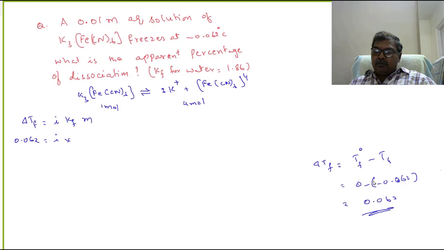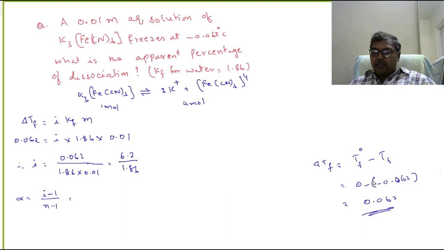Therefore, 0.062, this is delta TF. I, Kf value 1.86, molality of the solution 0.01. So, therefore, I equal to 0.062 by 1.86 into 0.01. So, this is equal to 6.2 by 1.86. Now, I alpha equal to I minus 1 by n minus 1.